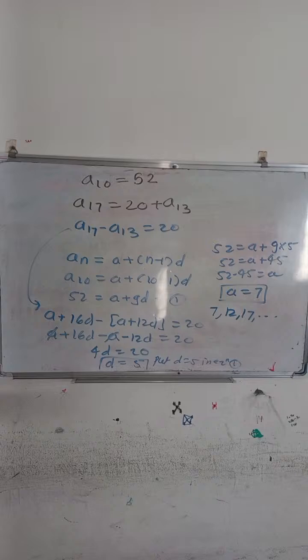An AP consists of 50 terms, of which the 23rd term is 12 and the last term is 106.